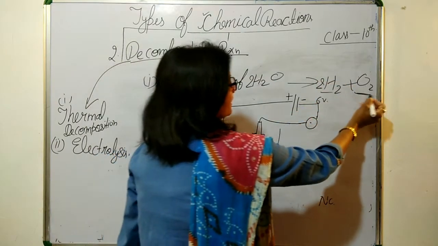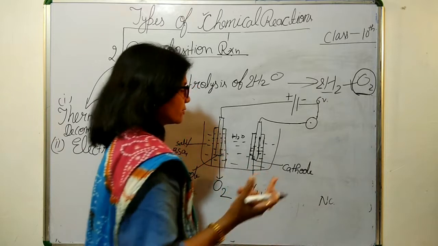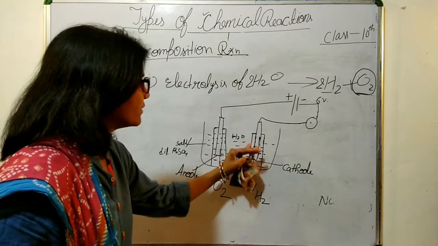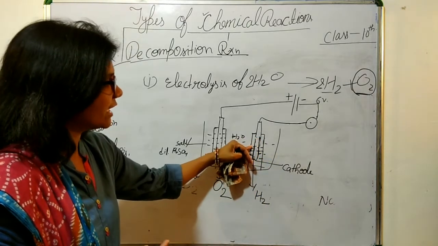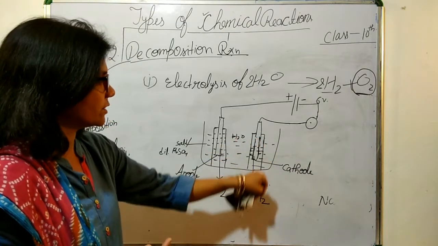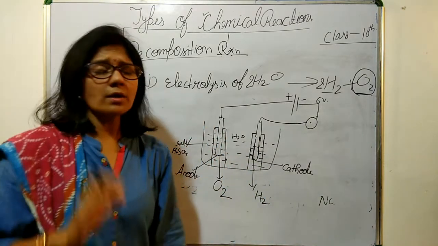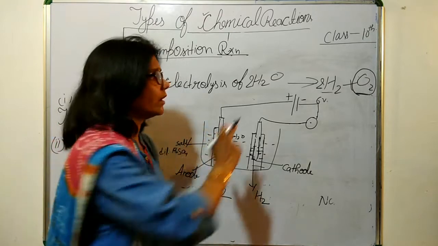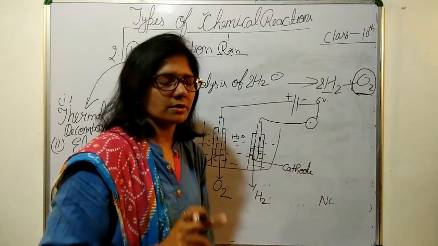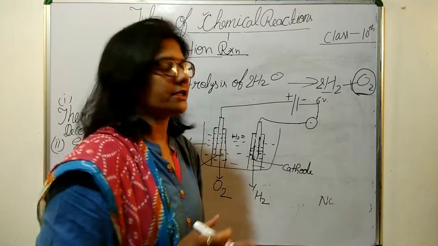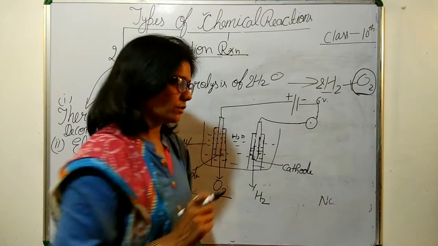Because when one molecule of oxygen is released, in comparison two molecules of hydrogen are released, so the gas displaces more water. So the water level is down in the case of hydrogen, where the cathode rod is, and where the anode rod is, the oxygen released is a smaller amount. The level of water will be more in the case of oxygen.